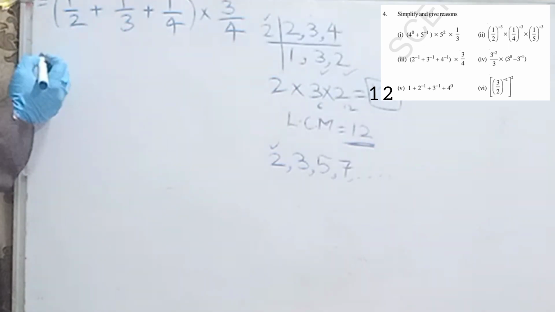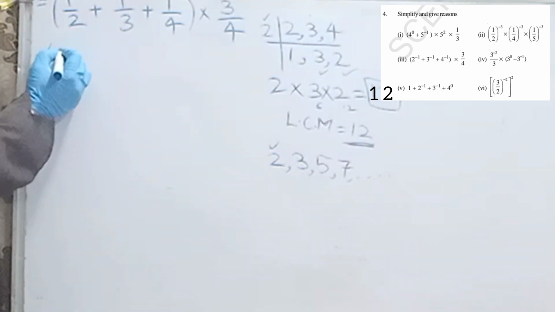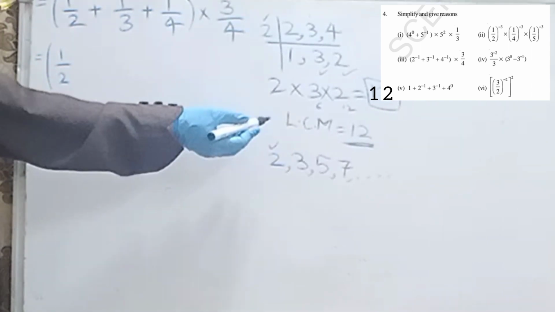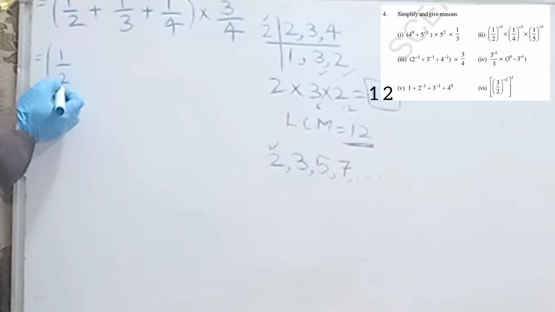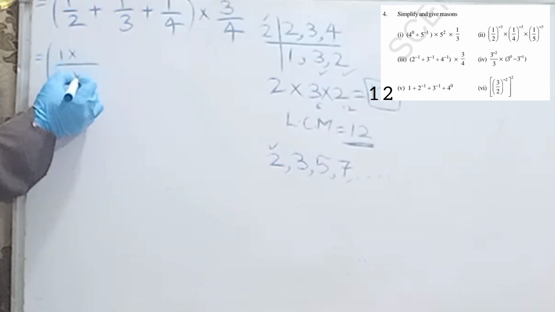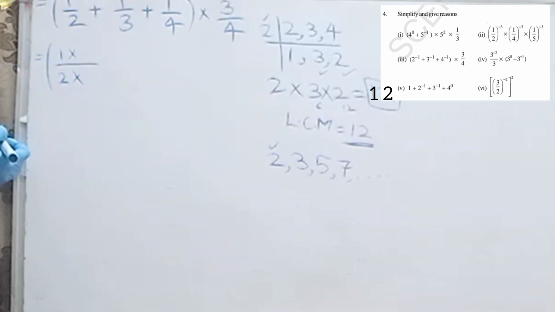So how can we do it? Just listen. Do it like this. 1 by 2 is already written. Now 2 is not equal to 12, so I have to change this 2 to 12. I'll extend this line and write multiplication signs in numerator and denominator.